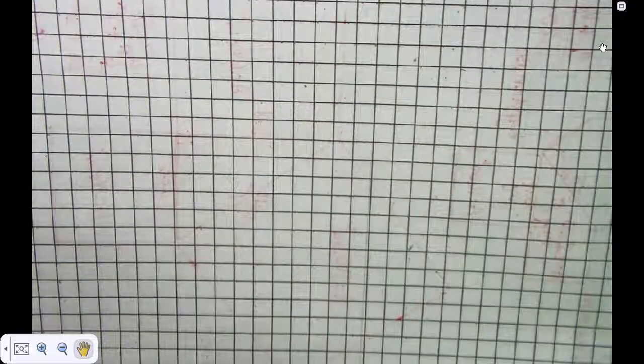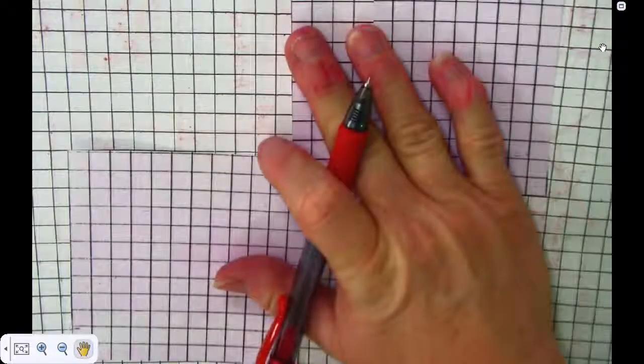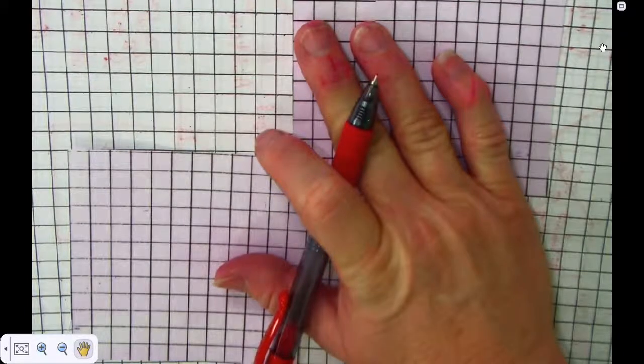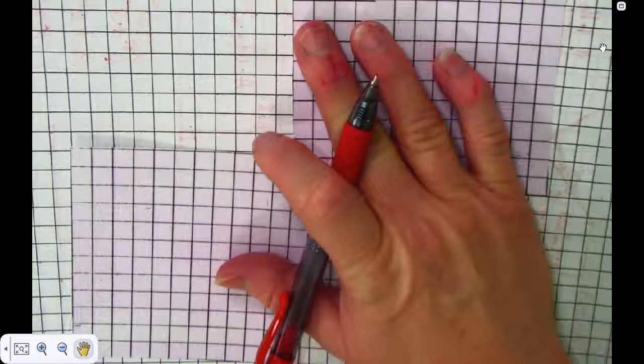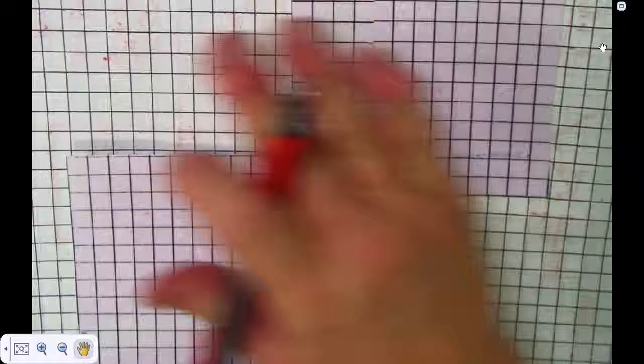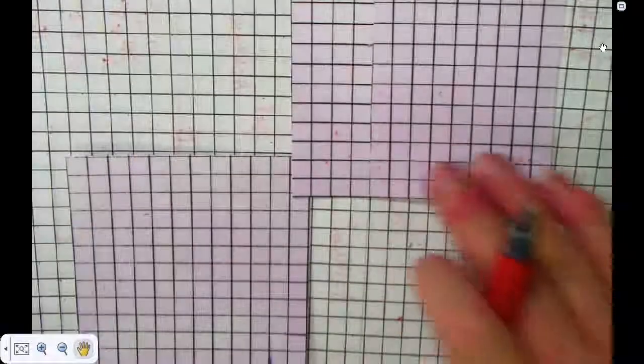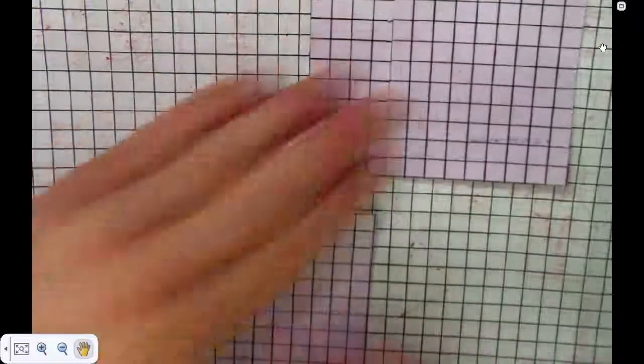Okay, turn over to the back. Now you're going to take the two largest squares. I call them triangles. The two largest ones. Then you're going to find one of the ones you've already used that's going to go with these to make a right triangle. You have to figure out which one of the ones you've already used is going to fit in here to make a right triangle.